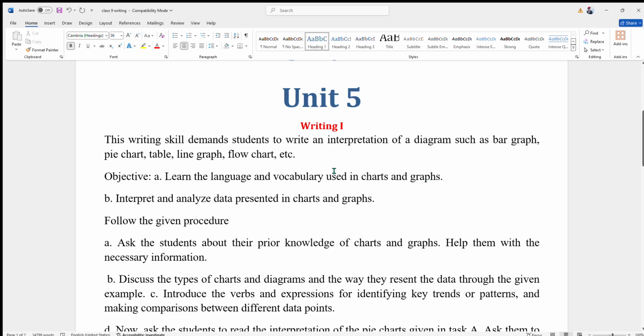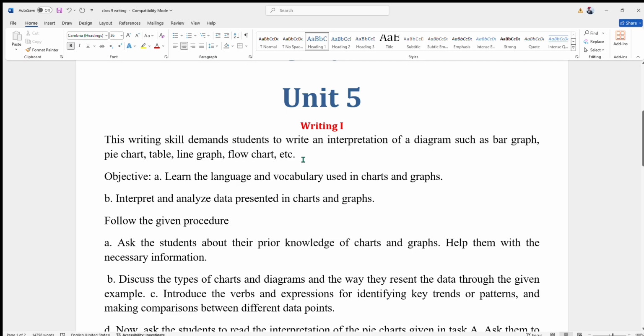This writing skill demands students to write an interpretation of a diagram such as a bar graph, pie chart, table, line graph, flow chart, etc., like in economics.